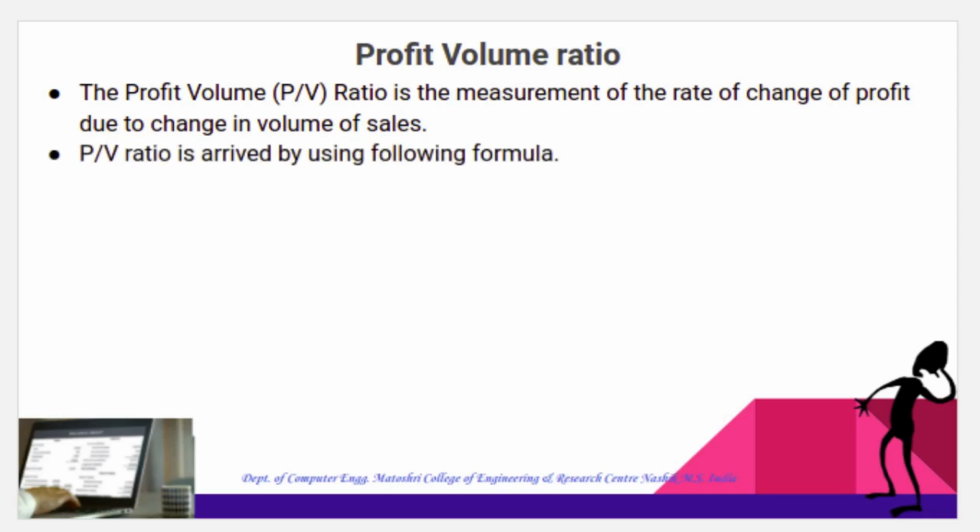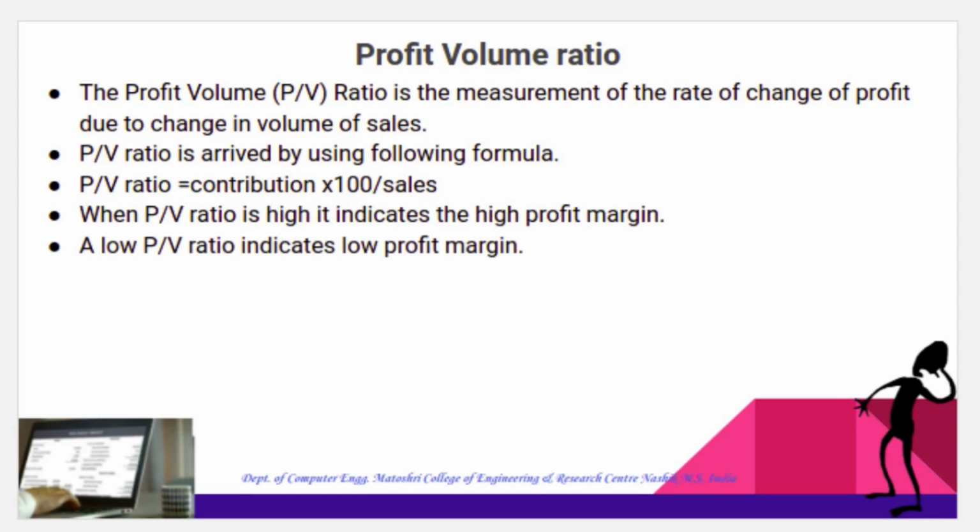The PV ratio is arrived at by using the formula: PV ratio is contribution into 100 divided by sales, where contribution means the difference between the sale price and the variable cost. Here contribution is multiplied by 100 to arrive at the percentage.